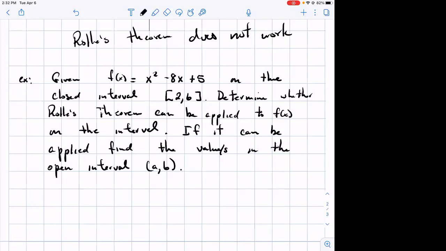So go through the definition and check, see if this can be done. Please try it.